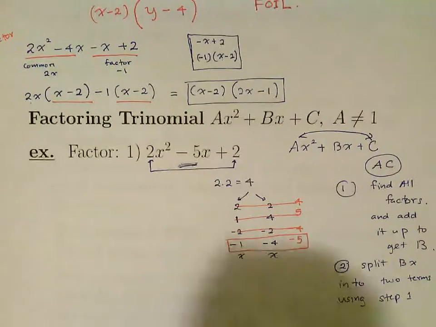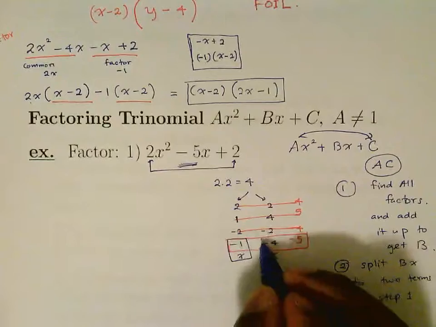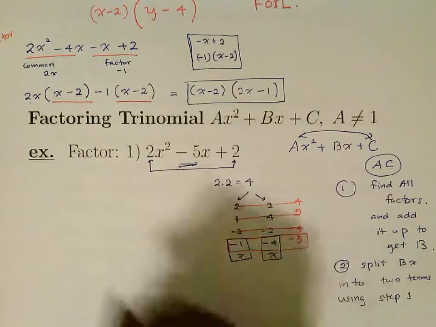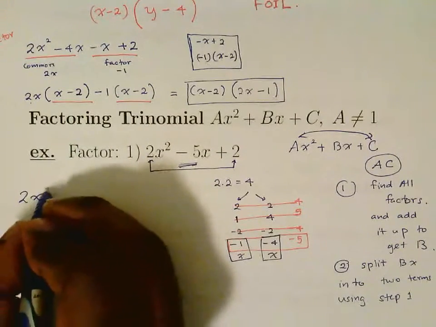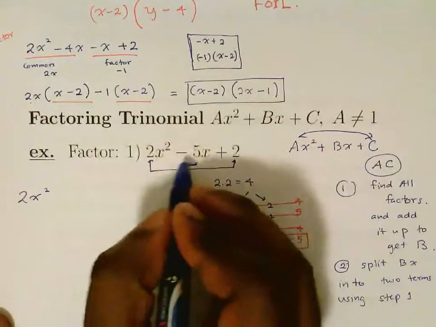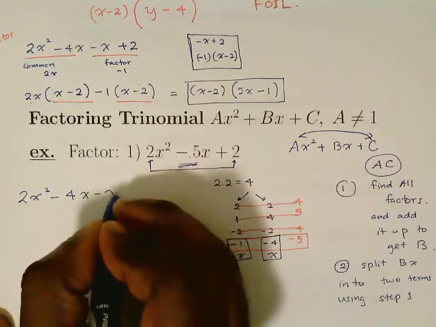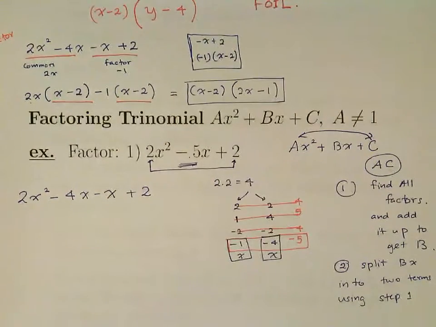So I will split -5x into -x and -4x. I will write it here. 2x squared was already there. Instead of -5x, I'm going to write -4x minus x, and then the last term is okay. That is very crucial in factoring this.